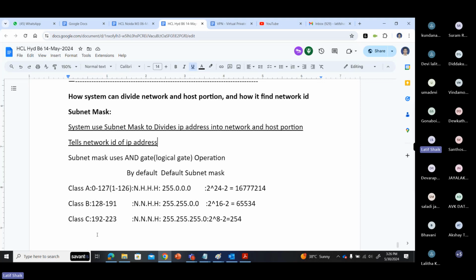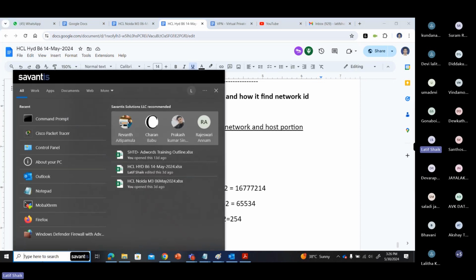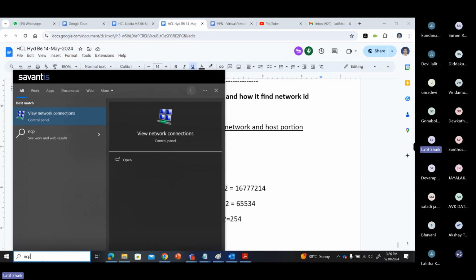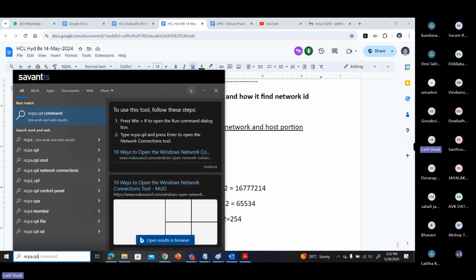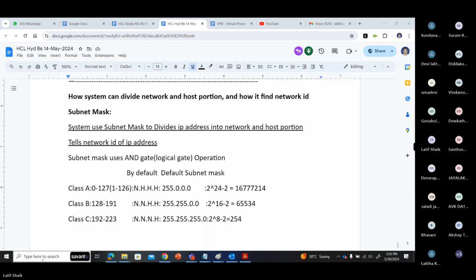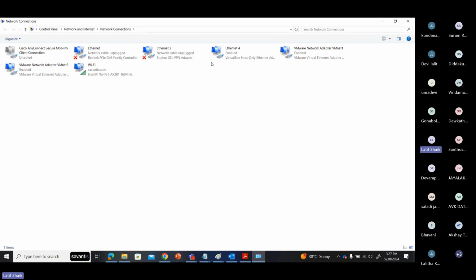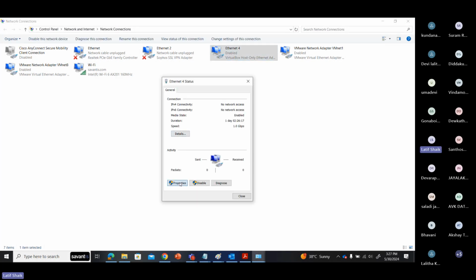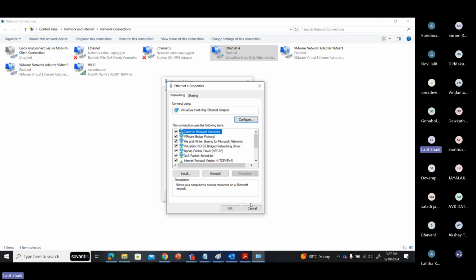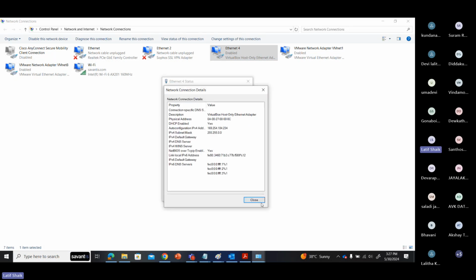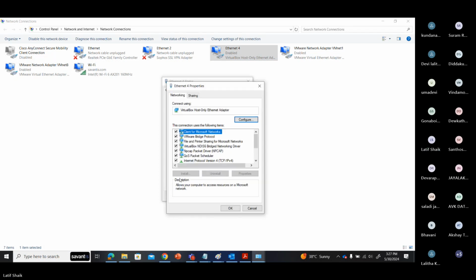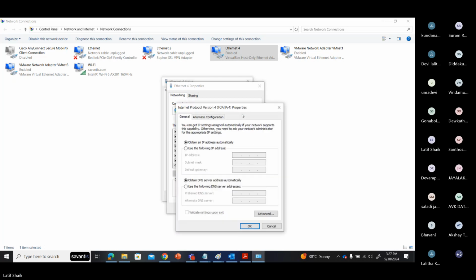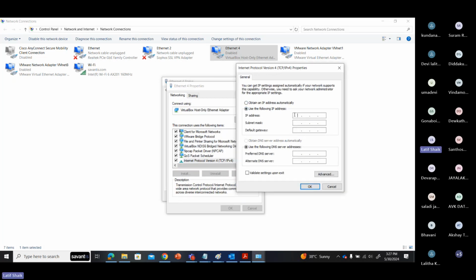Guys, when you configure an IP address, I'm going to configure an IP address. ncpa.cpl. Go to the details. When I give an IP address to my system, the default subnet mask appears by default.